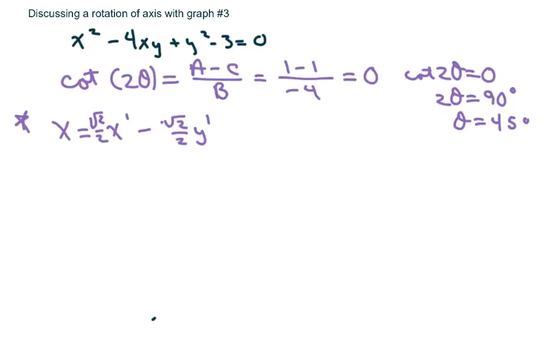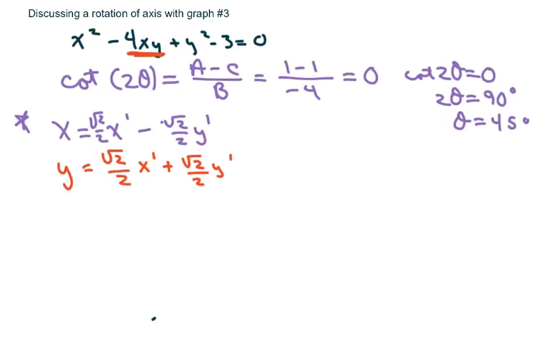In this one, we're actually going to eliminate the x and y. Your y is the same thing, but with a plus: square root of 2 over 2 x prime plus square root of 2 over 2 y prime. Now all we're going to do is substitute my x and y, and I want to eliminate this x and y so I can graph it.